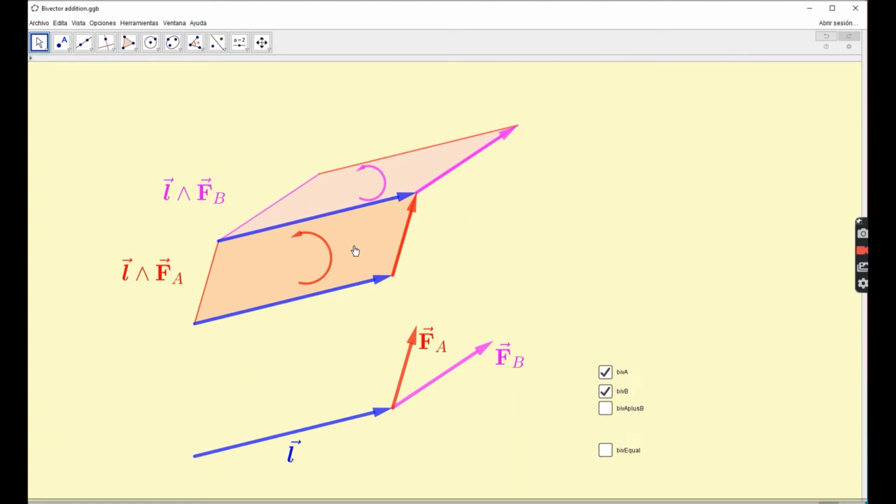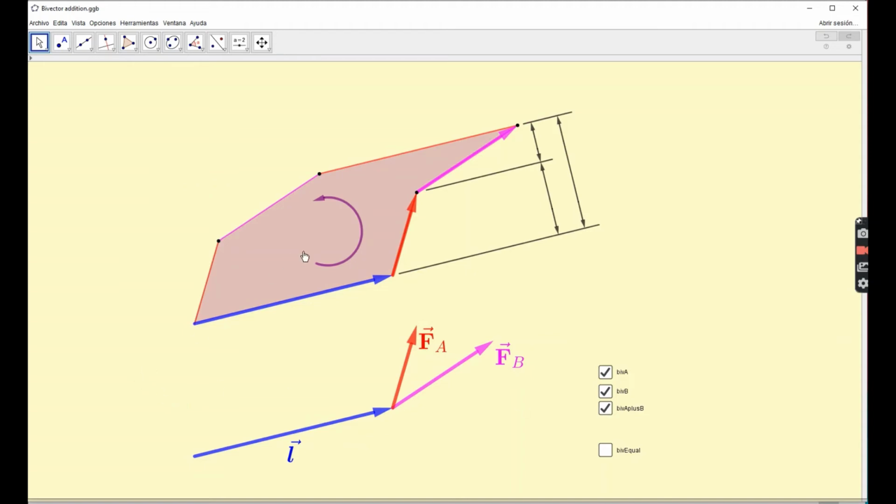So the bivector that will represent the resulting torque produced by the two of these will be this area here. We just stick these two areas together and the resulting total area is the magnitude of the torque. There we have it. And it's in the same sense as the other two bivectors. So this is the bivector that represents the torque.